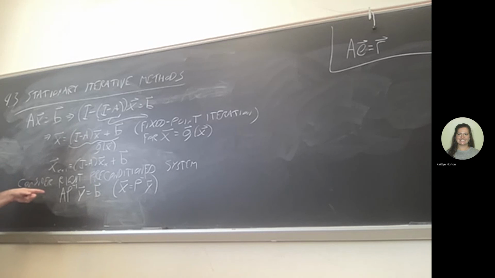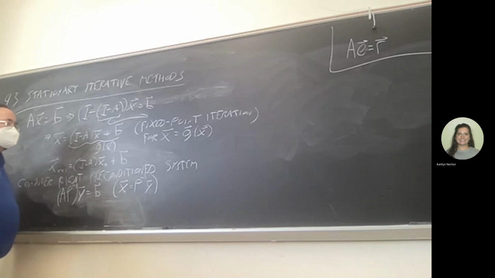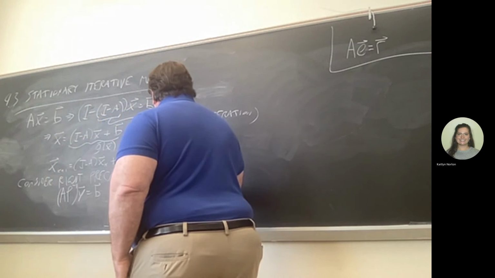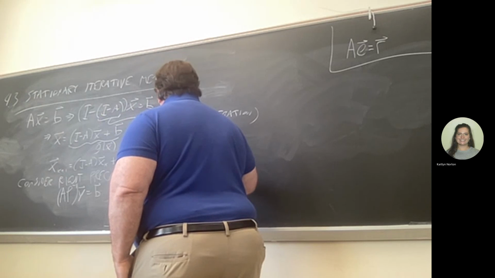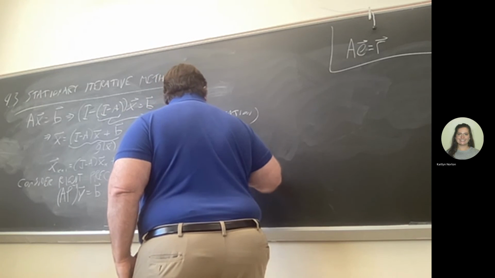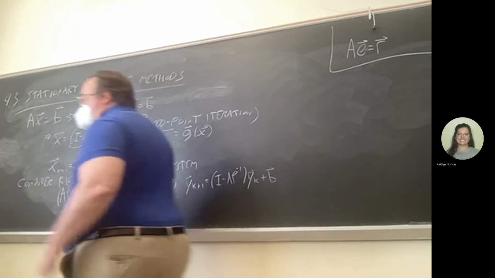Okay, so now what I'm going to do is take this iteration and apply it to this system with this matrix. So now what I have is y k plus 1 is equal to identity minus A P inverse times y k plus b.